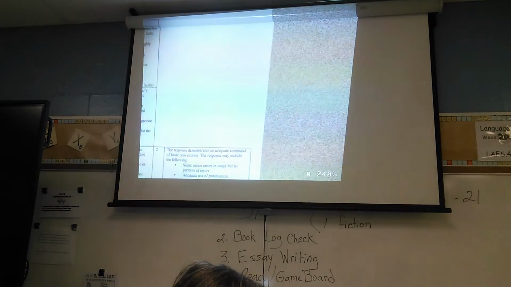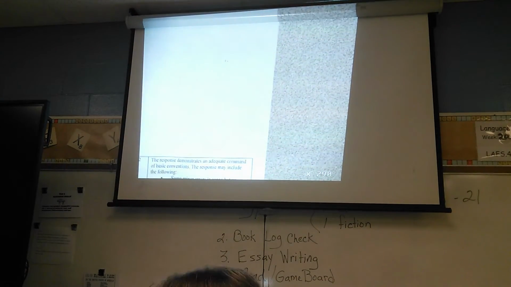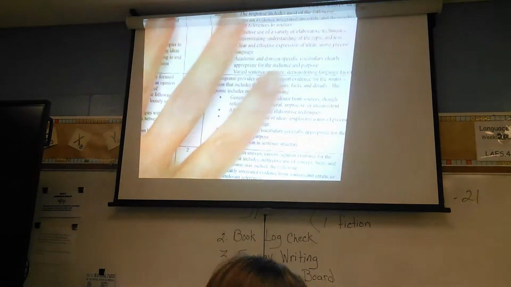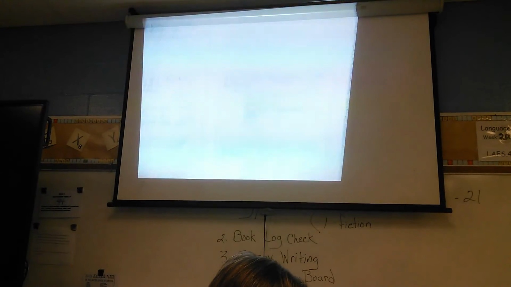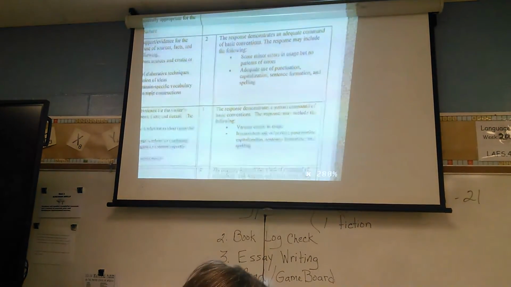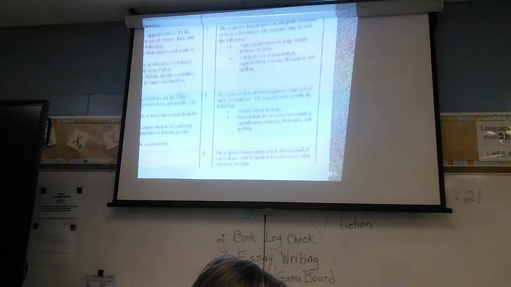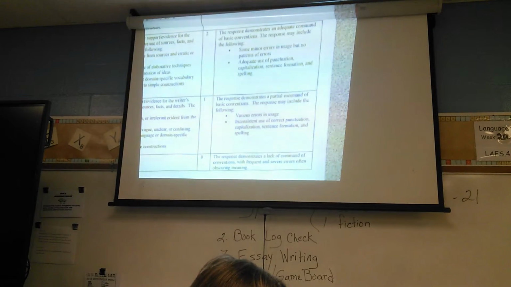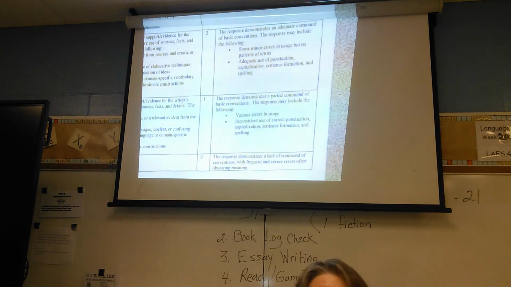What I'm going to do is share with you the rubric that they use when they score your FSA writing test. Now, I do want to let you know, when they hire people to score these essays, and they do train them, they spend less than 3 minutes reading your essay.